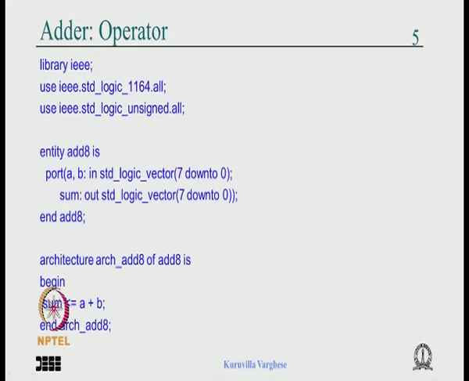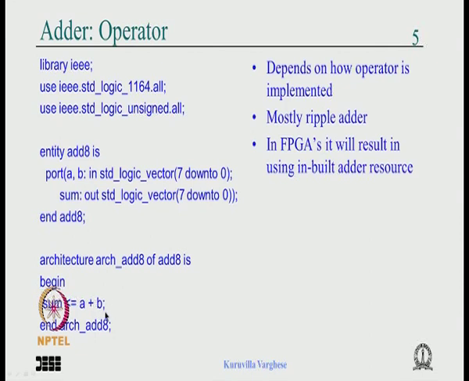And ultimately, at least in the case of plus, most of the time we use the plus operator. It depends how it is implemented, and mostly it will be a ripple adder. In FPGA it will result in a built-in adder resource, which we will look at later when we come to the FPGA part.